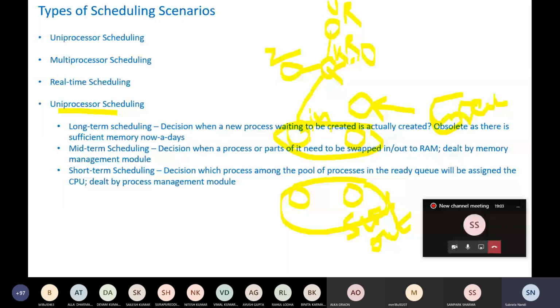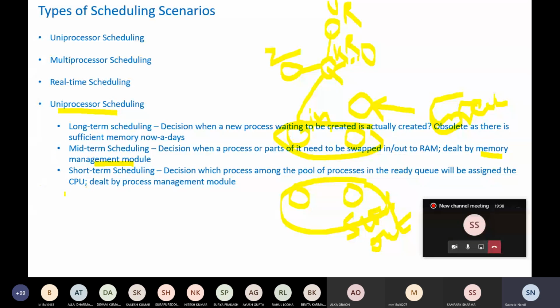As we found, from the ready state also things may be swapped out often. So this decision is taken more frequently compared to the long term scheduling, because it is related to memory, and often you will have such situations.